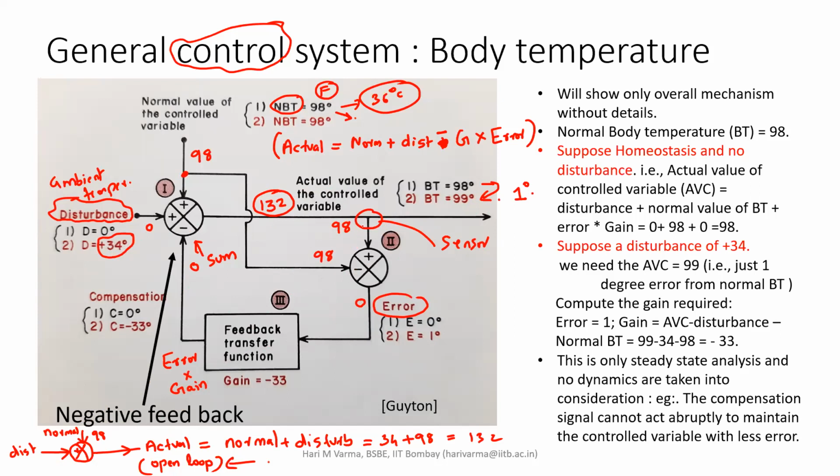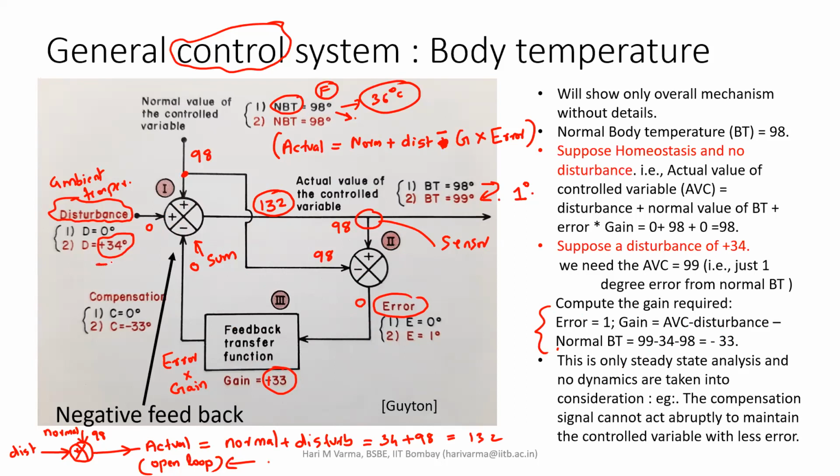Then you can see that basically this should be equal to 33 because now this will become 132 minus 98. You do the calculations. You can see that with this minus 33, actually it should be plus 33 because minus is already taken care of here. So plus 33, you can subtract it and you can find that this will be 99. You do your calculations. I have done it here. You do your calculations and convince yourself that this will be the case.